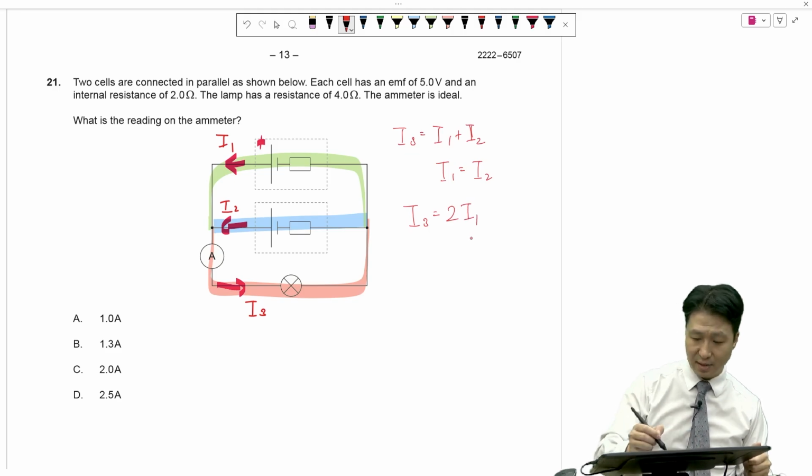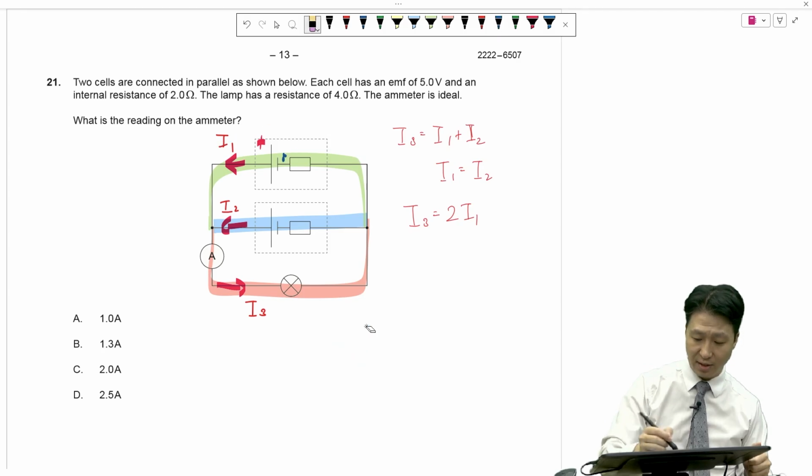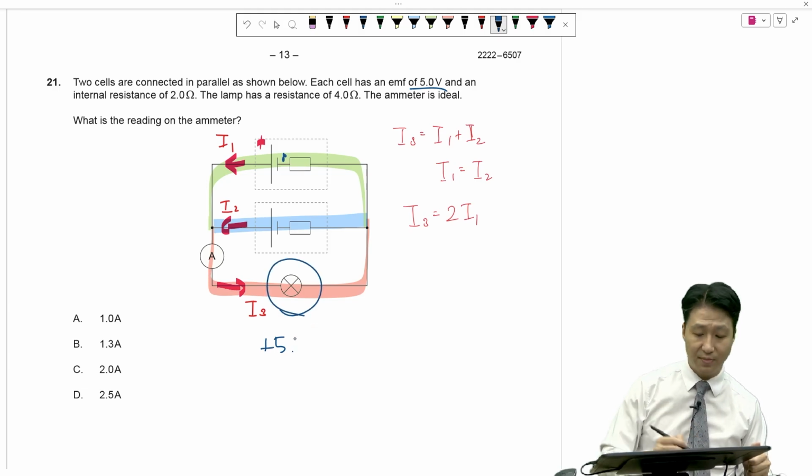Okay. Now we're going to use the path. We're going to go in a counterclockwise direction, starting from here. Actually, let's start here. First step, it goes to the EMF source, which is going to be 5 volts, plus 5 volts. Next, it goes through here.